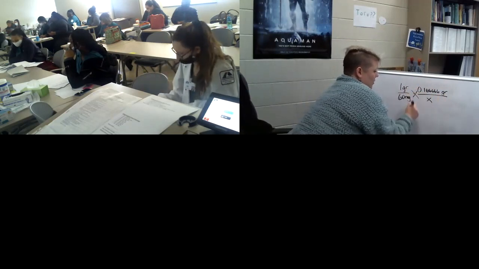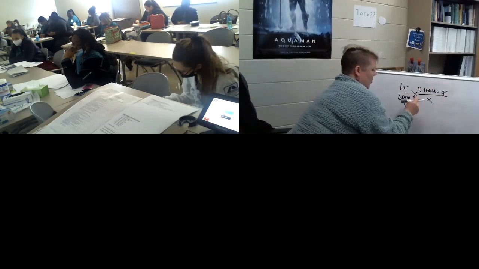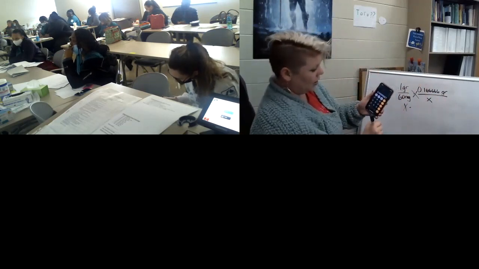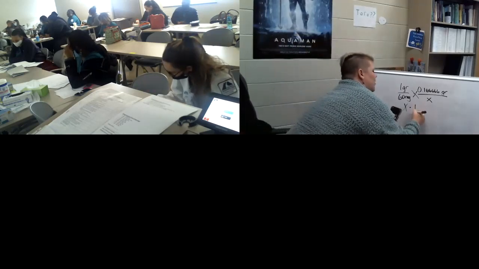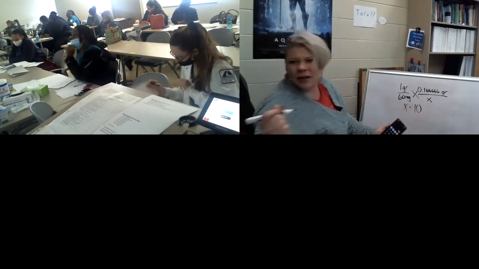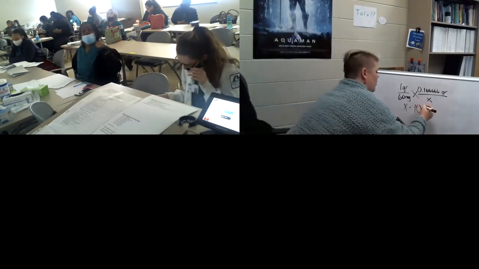So you cross multiply again. So X equals, keep that in your calculator, times 60, 10. So you're going to give 10 milliliters. I'm sorry.